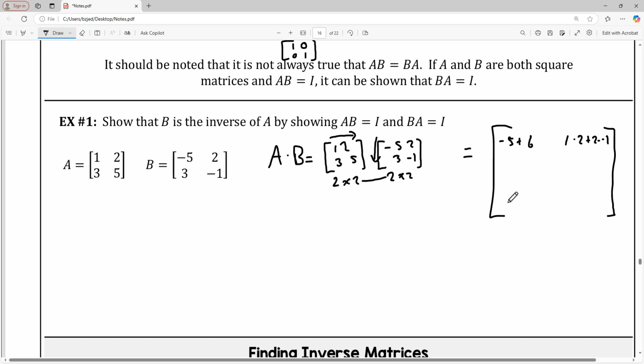The element in the second row, first column, is going to be 3 times -5 plus 5 times 3. And last but not least, the second row, second column.